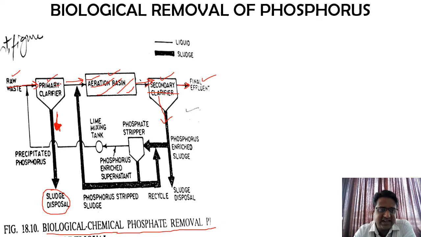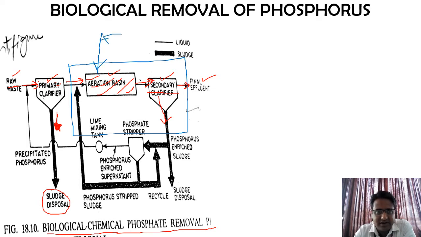Now the second thing is the aeration tank and the secondary clarifier. If you check only this part of the diagram, this is nothing but the activated sludge process.